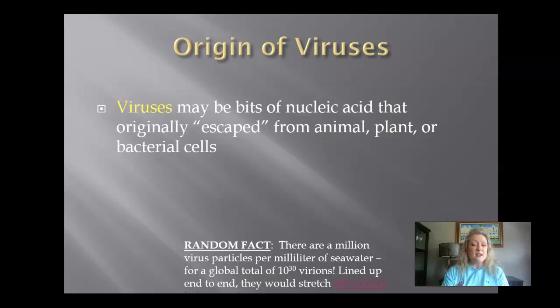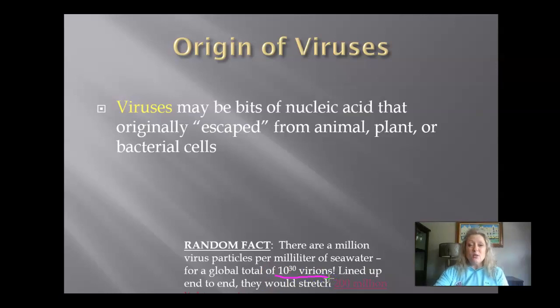And interestingly enough, there are fun facts down here at the bottom throughout this entire lecture. Of course, we have to keep things interesting for you. So if you talk about a milliliter, right? A little milliliter is a really small amount. We've measured that before in our labs. In each milliliter of ocean water, we have 10 to the 30th power of virions or viruses.